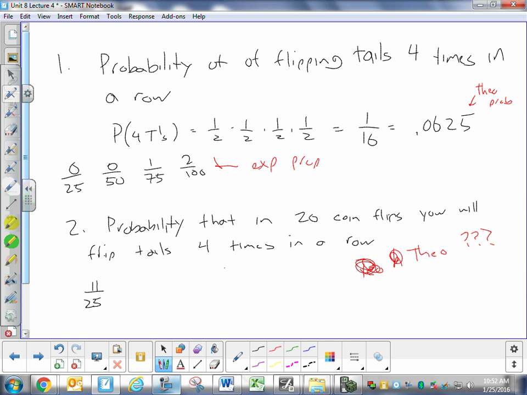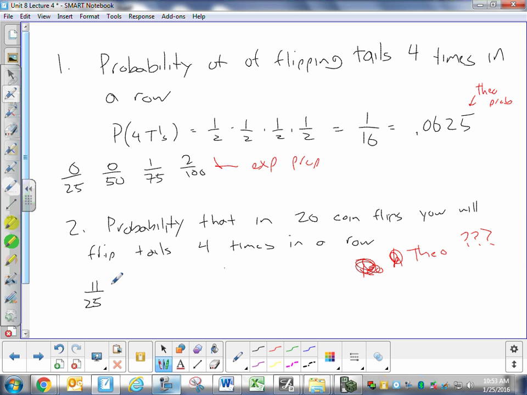Okay, who succeeded this time in getting 4 tails in a row somewhere in the 20 flips? 1, 2, 3, 4, 5, 6, 7, 8, 9, 10, 11, 12, 13 of us.